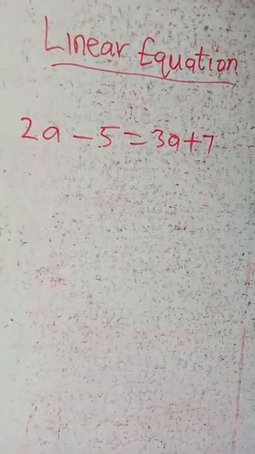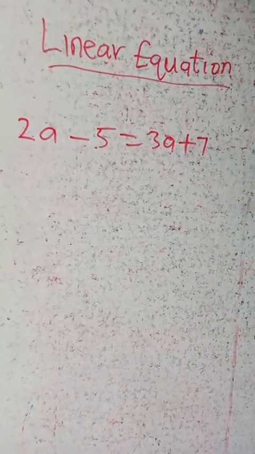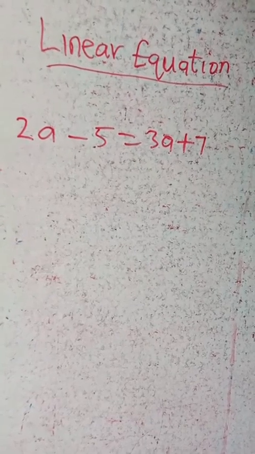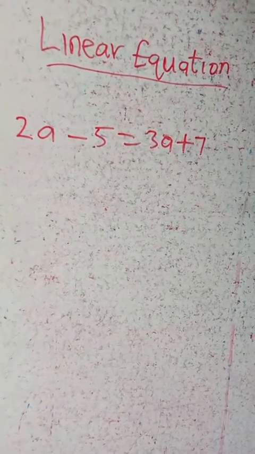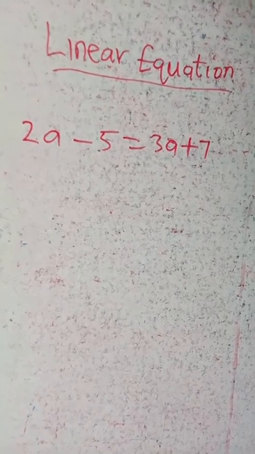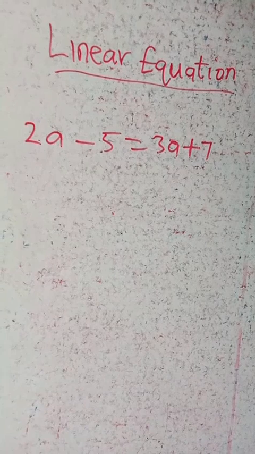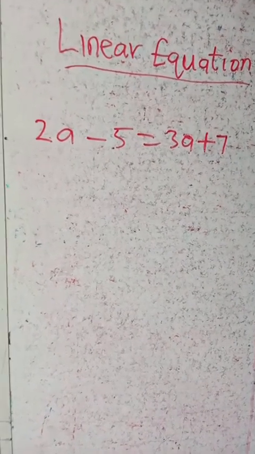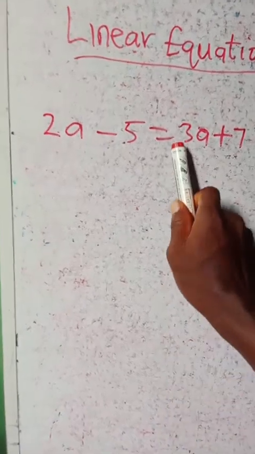I told us that a linear equation involves only one unknown, only one alphabet. If you look at this expression, we are comparing two sides, or we'll say comparing alphabet to numbers.